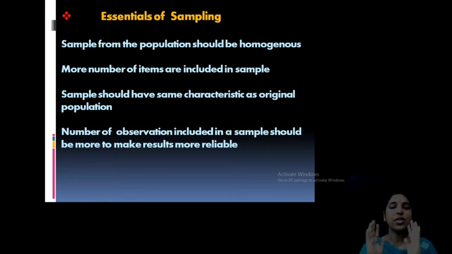The number of observations included in the sample should be more, to make the results more reliable. So more items should be included and the sample should be homogeneous. These are the essentials of sampling.